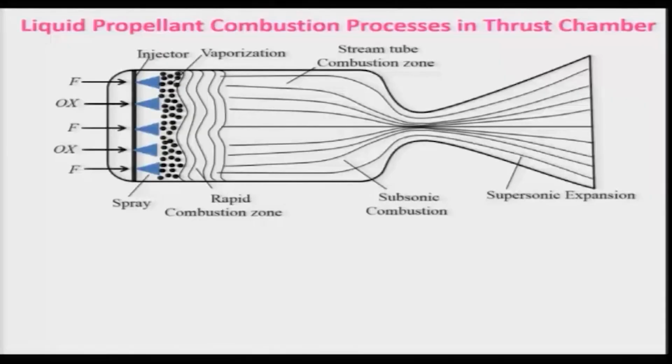Therefore, we will discuss it in a very simplistic manner. Let us consider combustion taking place in this diagram. You have fuel injectors, this is your injector head, and oxidizer and fuel.